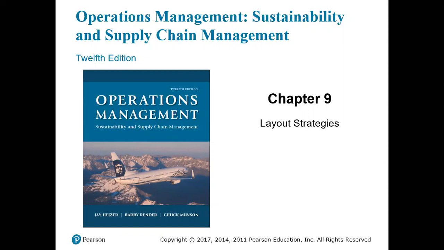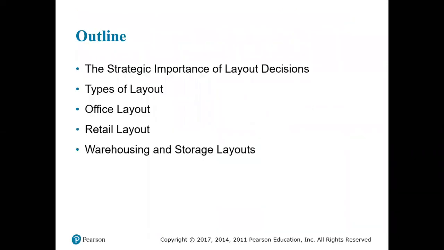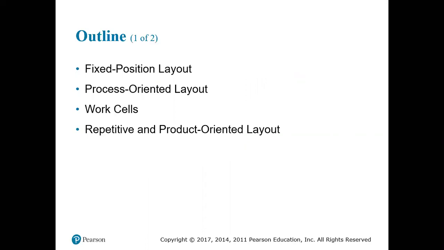Okay, so chapter 9 goes into different things that you need to understand about layout spaces for offices, for warehouses, for manufacturing plants. There are different approaches to this, and it all depends on the focus of the layout that you're trying to achieve.